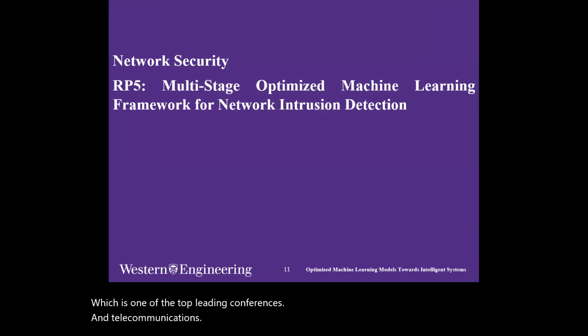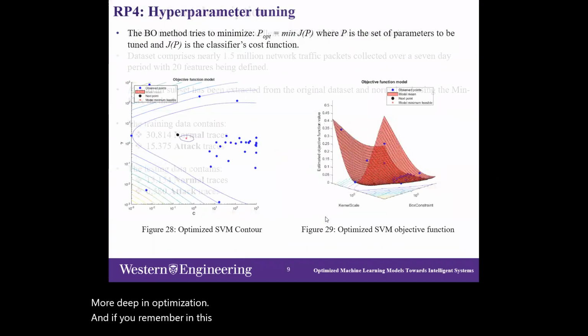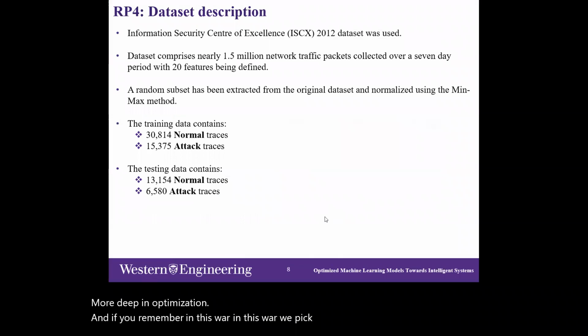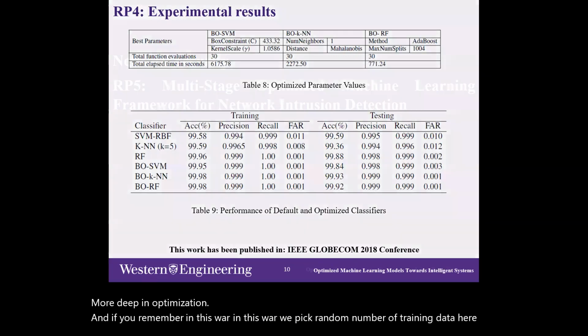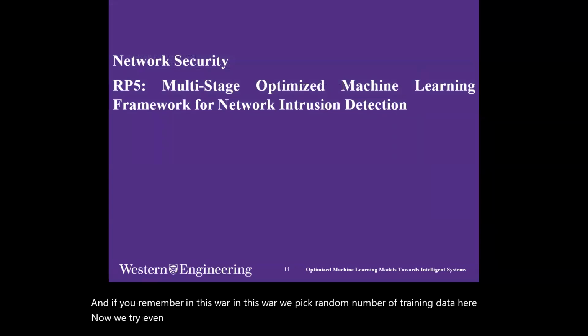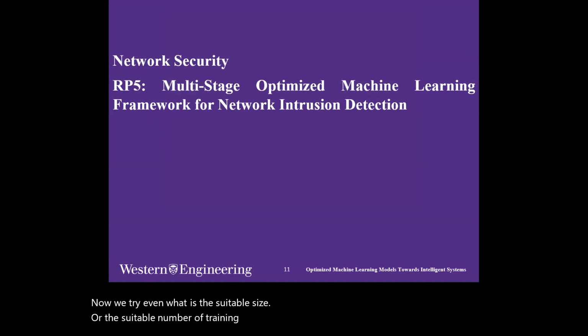Now, we expand this work to give it more generalization and more depth in optimization. If you remember, in this work we picked a random number of training data. Here, no, we try to find even the suitable size, the suitable number of training data to get the best result.